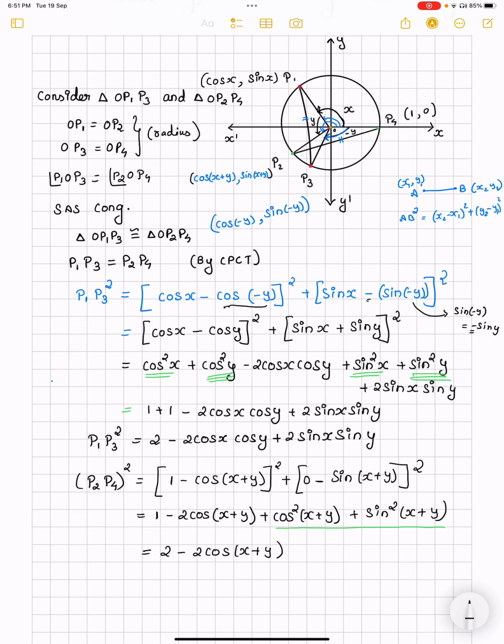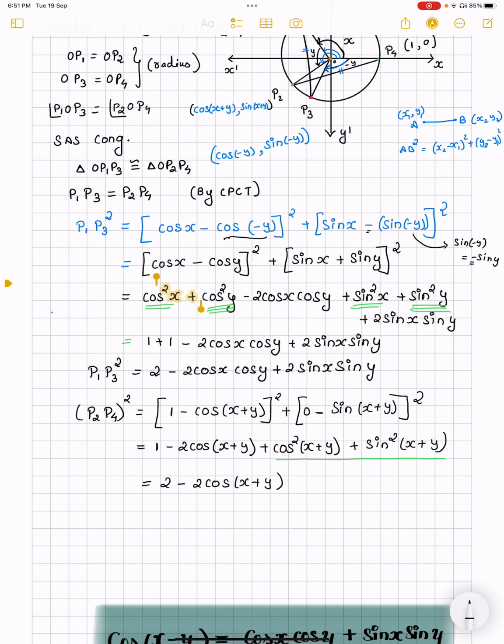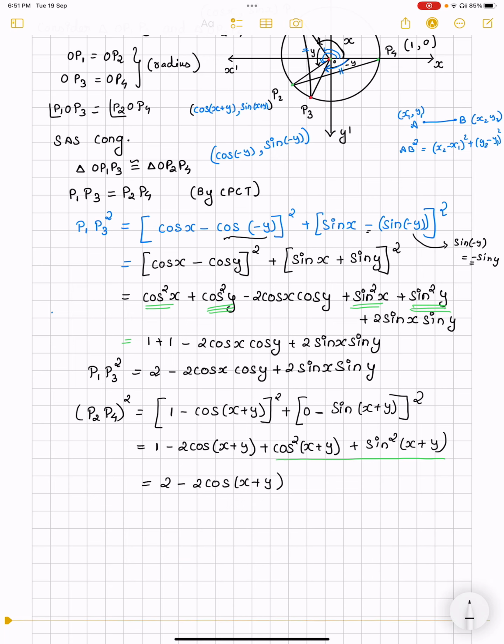Now, see here. We have found out P1, P3 is equal to P2, P4, right? But we don't have P1, P3 square is equal to that. But generally, when something is equal without a square, even after squaring it is going to be equal only. So that logic only we are going to work here.